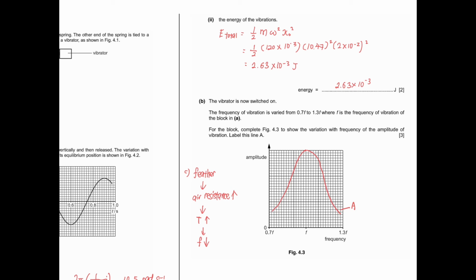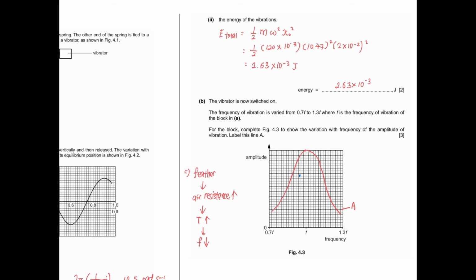So in that situation, the frequency should be lower. Currently we are doing it in F, so the resonance happens at F. Now the frequency is lower, so we should put it somewhere before it, just anywhere here.